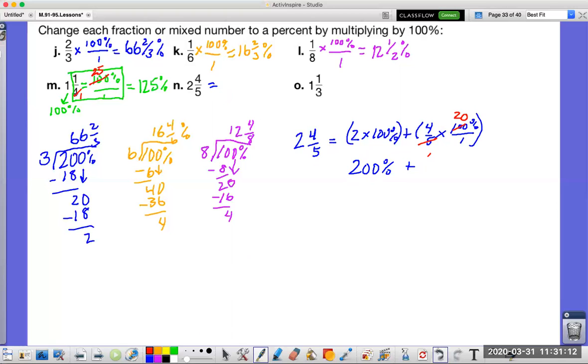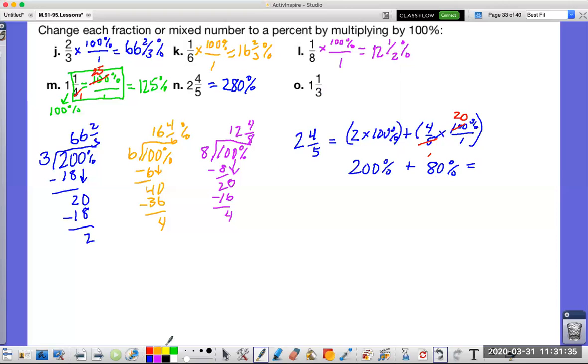So now I know that I can have 4 times 20 as the numerator, that's 80%. And 1 is the denominator. So 80 divided by 1 is 80. So when I complete this, now I've got the answer here. This would be 280%.